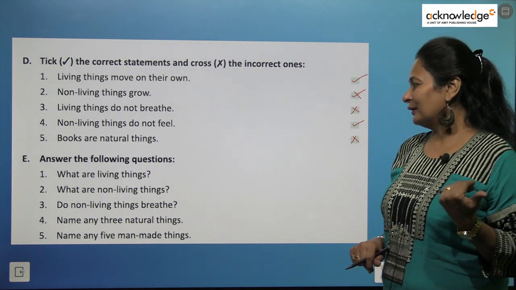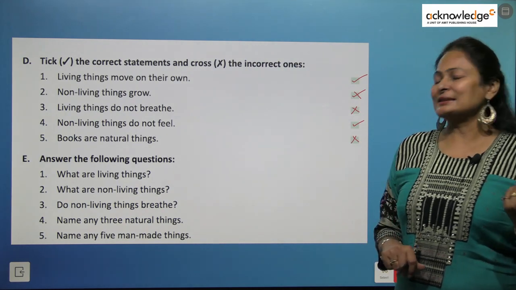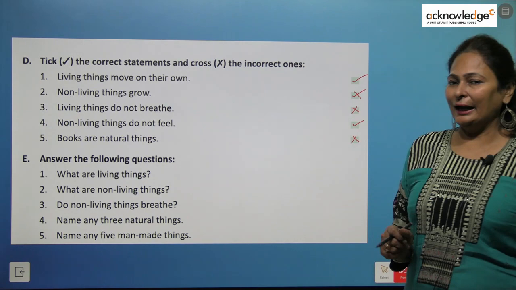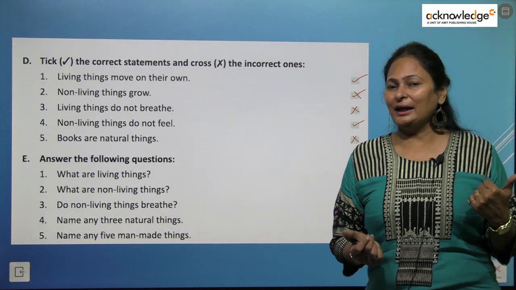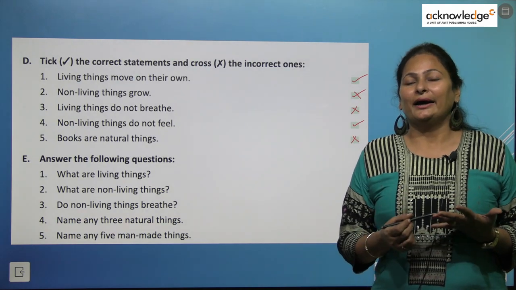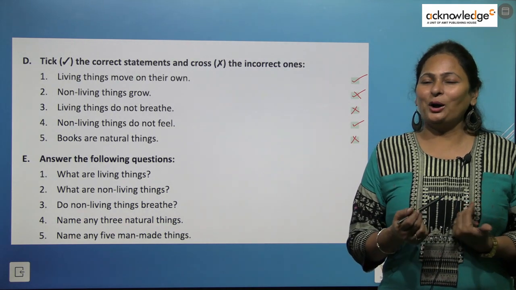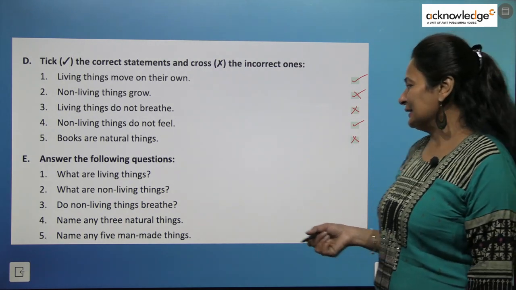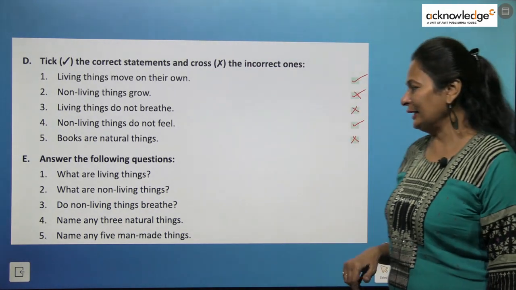No, non-living things cannot breathe. Name any three natural things. We have discussed so many natural things. You can write down like clouds, air, mountains, rocks, rivers, sun, moon, stars. They are the examples of natural things.